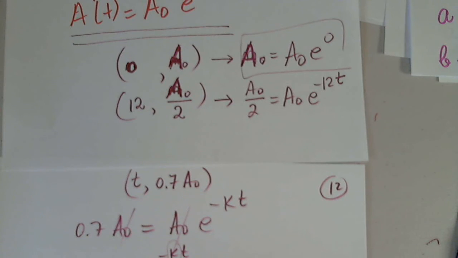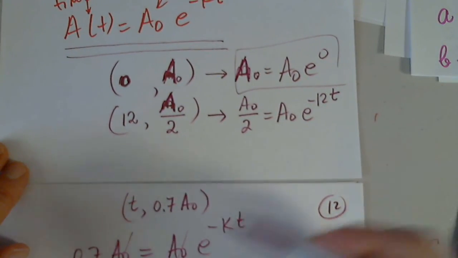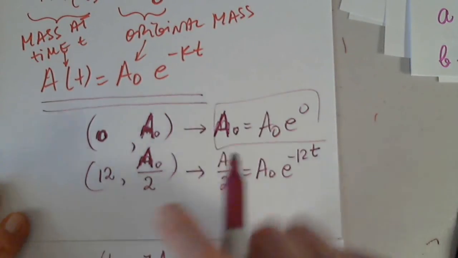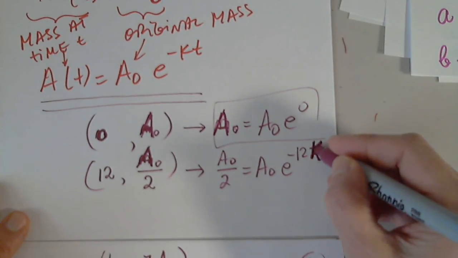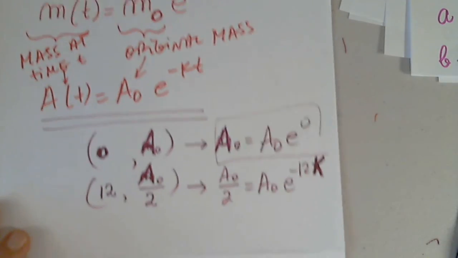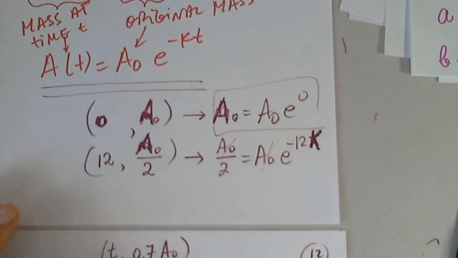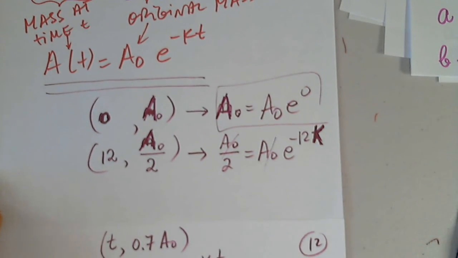Before I find the decay rate, okay, in this case is decay rate. It's not a growth, it's a decay. It diminishes its mass. If I don't have the k, I cannot continue. So here, this is negative 12k. So t was 12 and negative k. So I have to go back and determine my k. So I can put it in here and determine t.